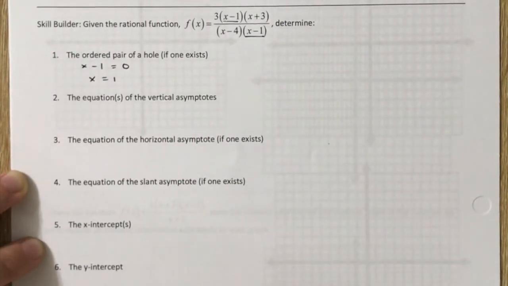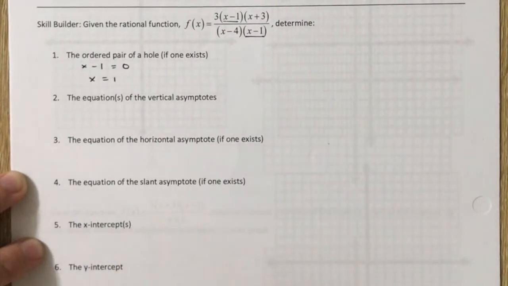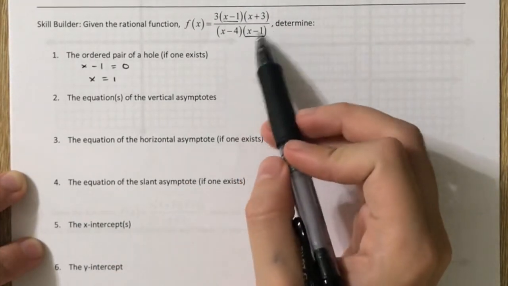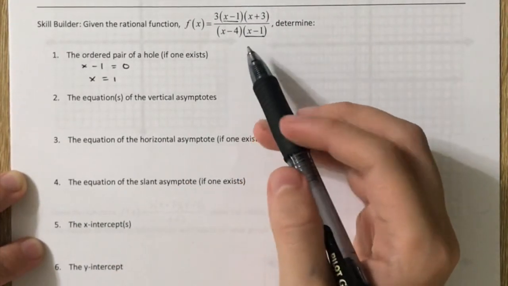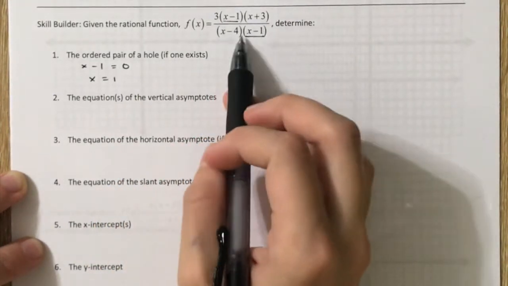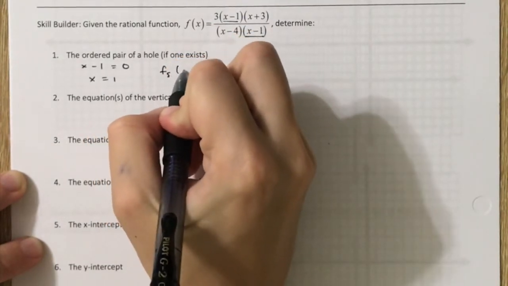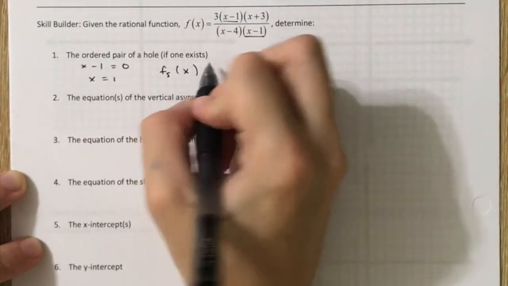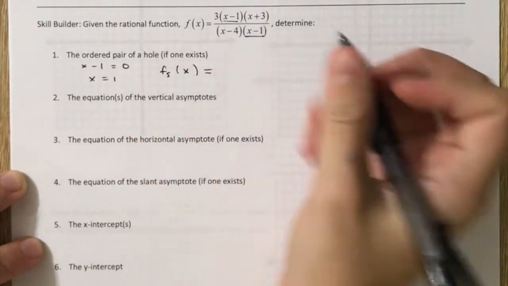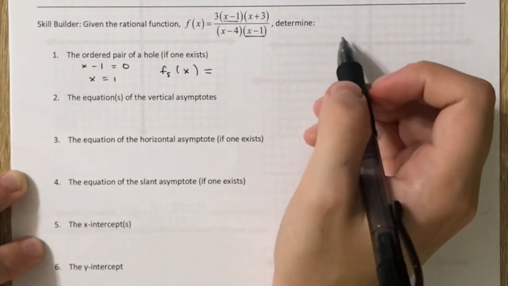The function has the same exact shape as the function without those repeated factors, just with the hole in place, right? So we could use the function without the repeated factors. We called it f sub s of x, f simplified.